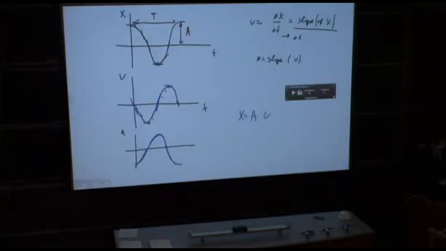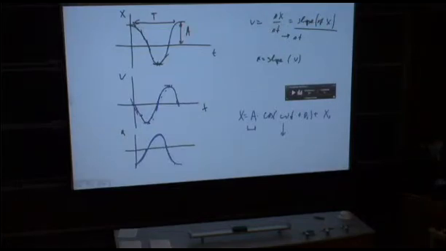And in general, this is how we can write it down. This coefficient A is the maximum displacement from the equilibrium. This coefficient tells us how many oscillations happen every 2 pi seconds.